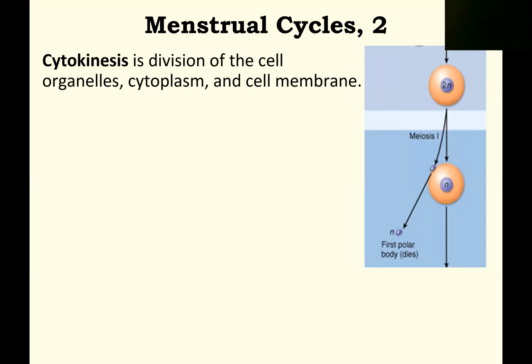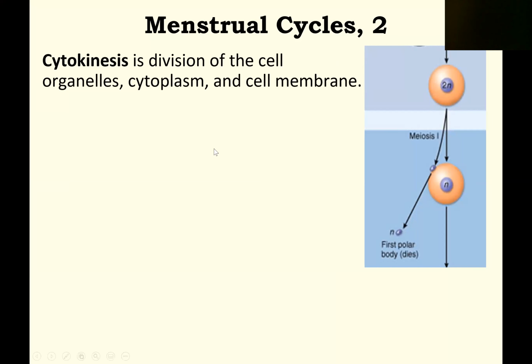Cytokinesis is the division of the cell organelles, cytoplasm, and cell membrane, so not the nucleus. Typically, when cell division is taking place, this is going to create a set of organelles for each new nucleus.